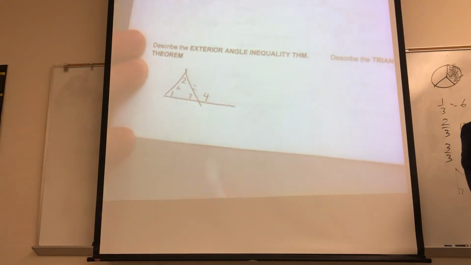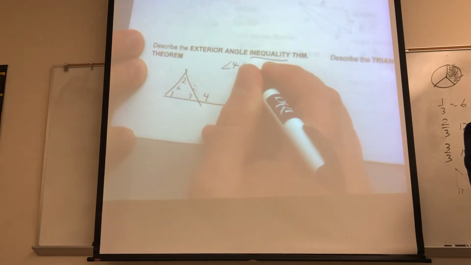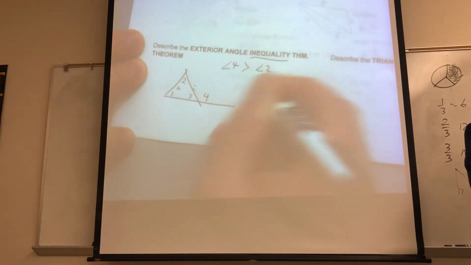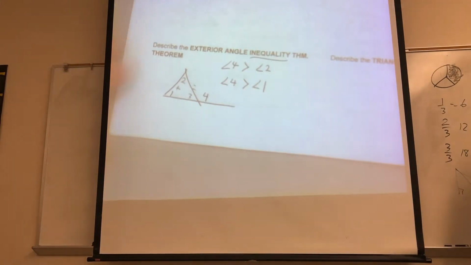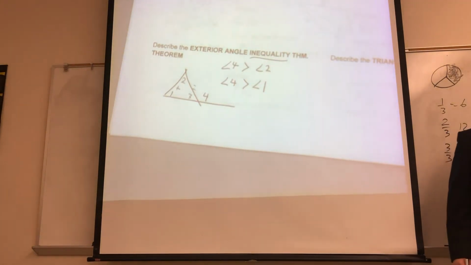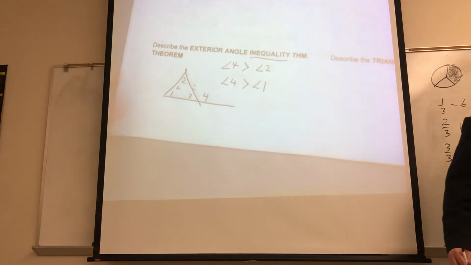So the inequality theorem just means angle 4 is going to be bigger than angle 2, and angle 4 is going to be bigger than angle 1, and we know that because they have to add together to make it. Okay? Whatever they are, even if we don't have numbers for them, if they have to add together to make something, each part is going to be smaller than the whole thing.